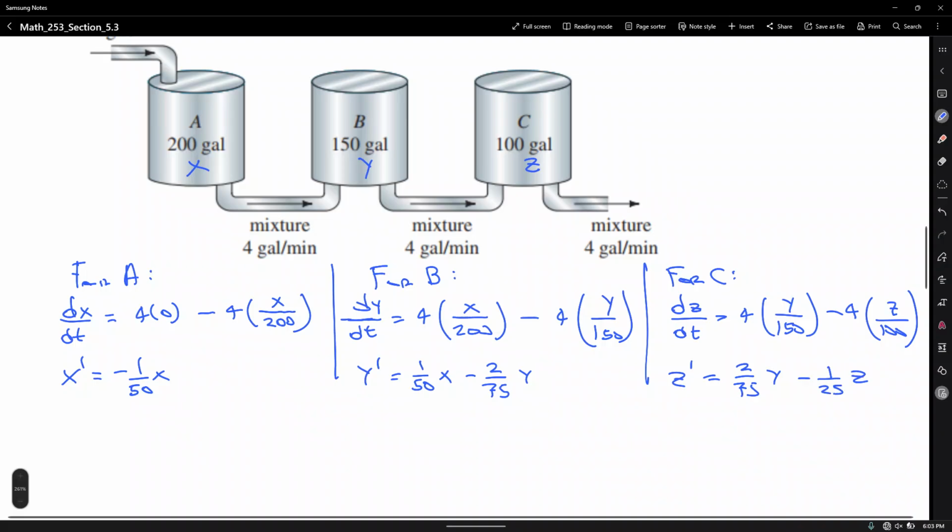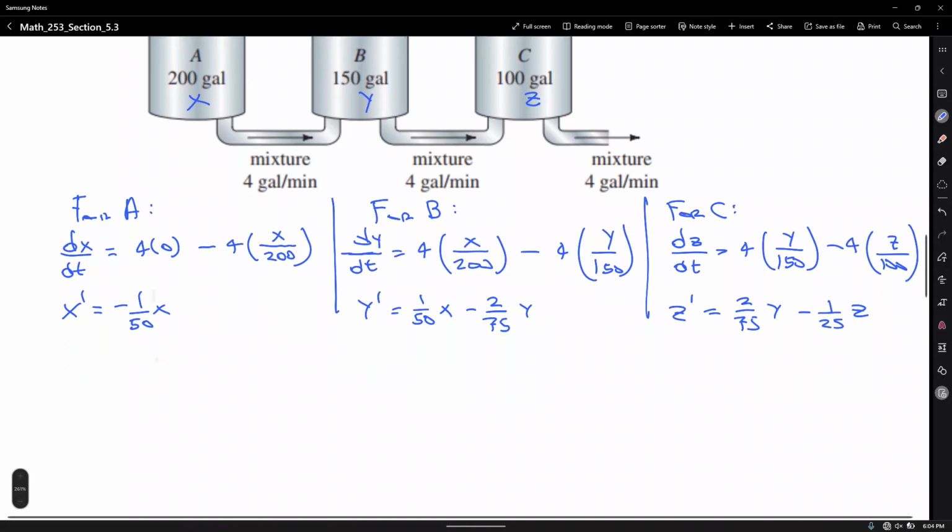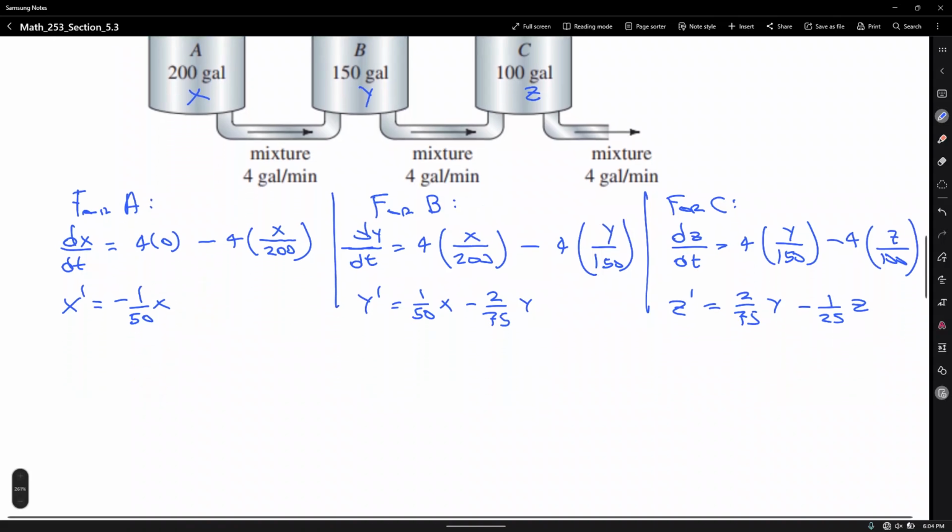Notice the first equation only involves x. The second equation does not include z. And the third equation does not involve x. So be careful when setting this system in the matrix form.